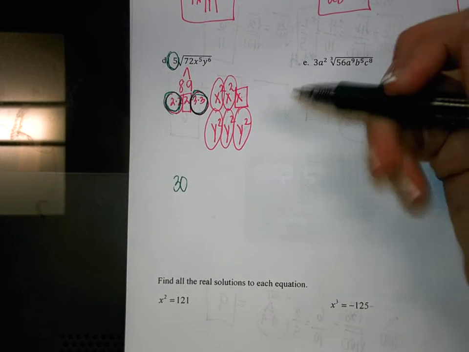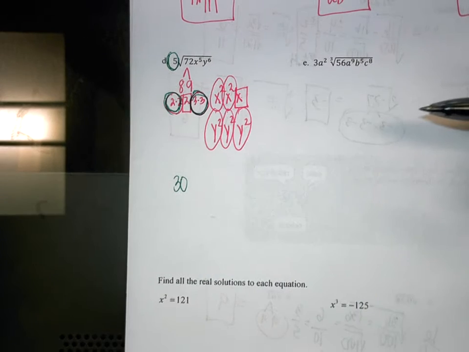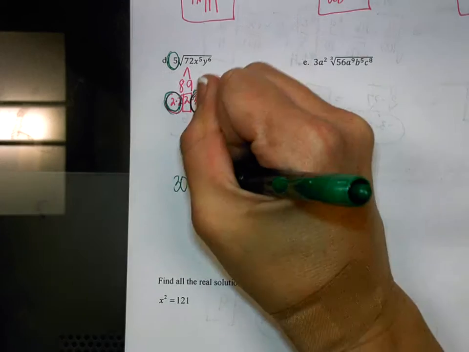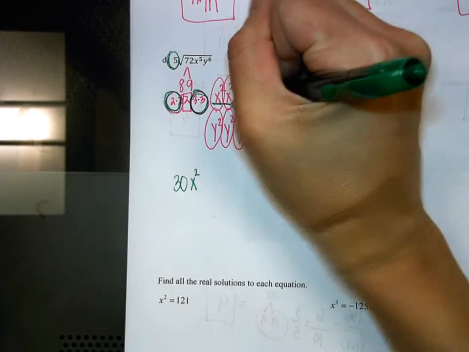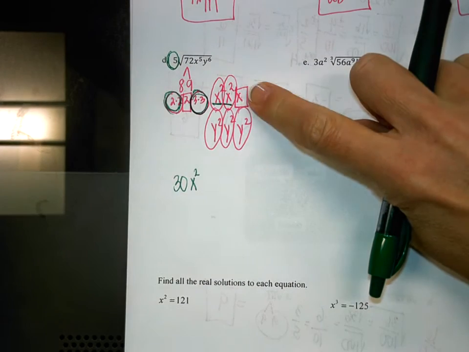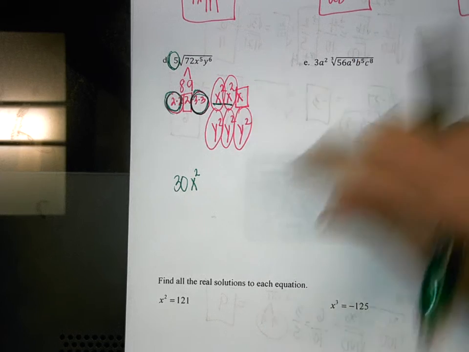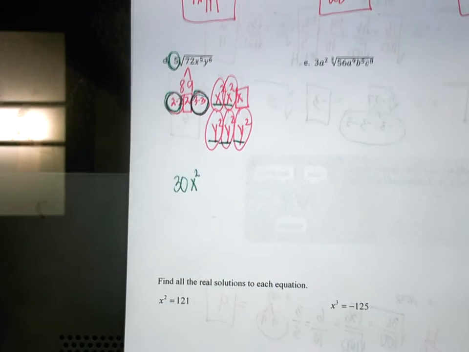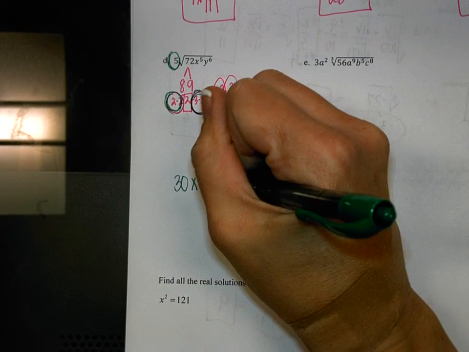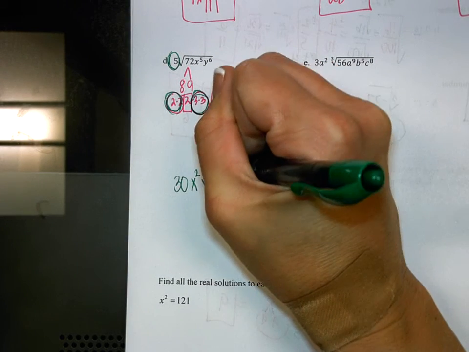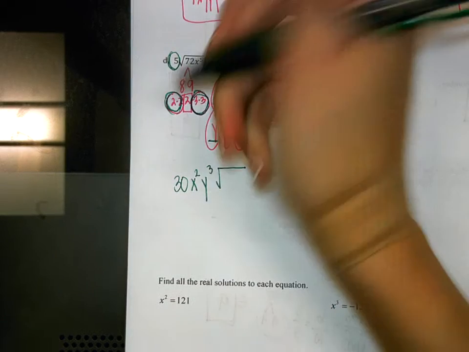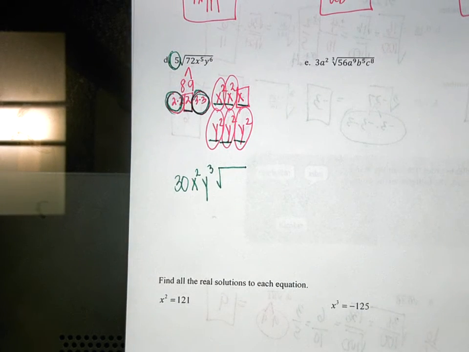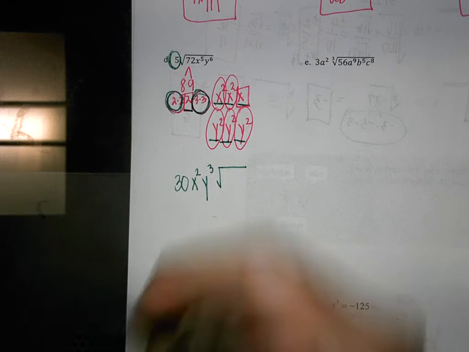How many x's? This is going to be 30x to what power? Good. X to the second power, because I have two groups. This is going to stay left over in the root when I finish getting everything in front. How many groups of y's do I have? And so we write that as y to the third. And then we keep our square root, and anything that's boxed stays inside, and you multiply it together. So what's left over inside? 2x.